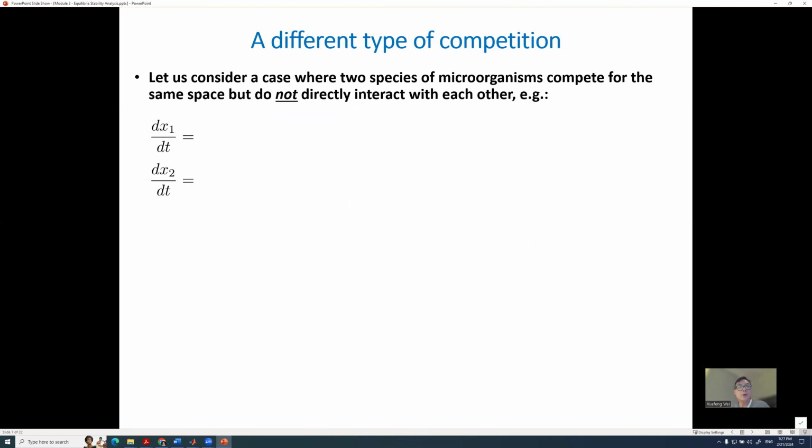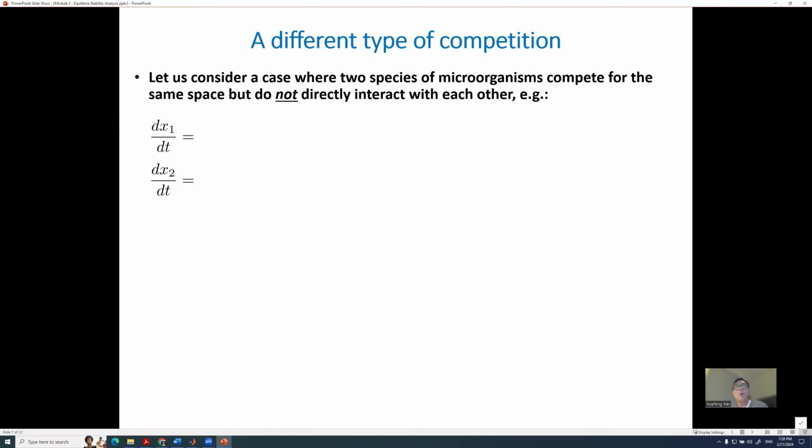Now before talking about stability, I'm going to ask what would happen if the two populations of bacteria do not compete for nutrients. For example, if they consume different types of nutrients, or if there's an abundance of nutrients present, so they don't have to compete for it.